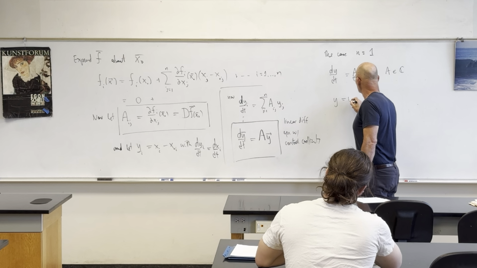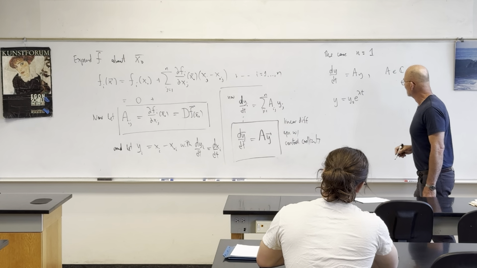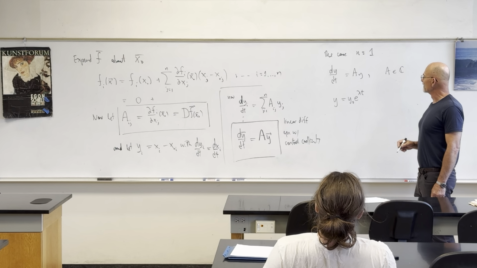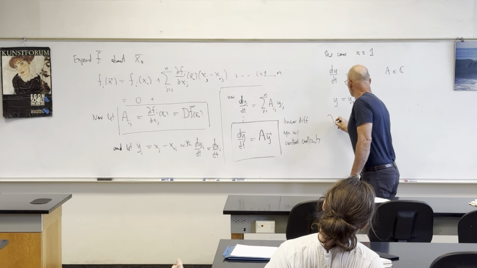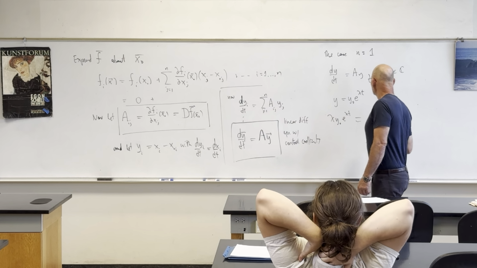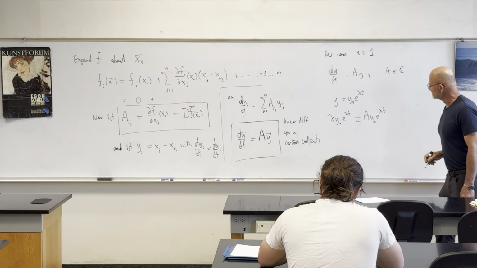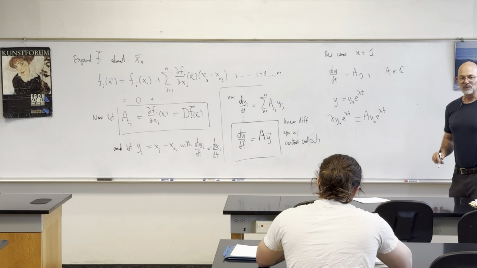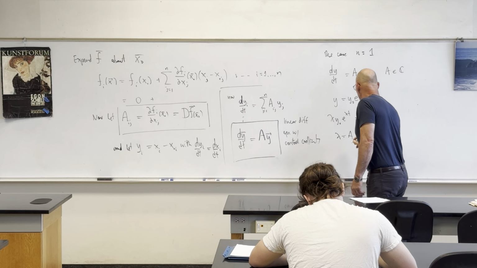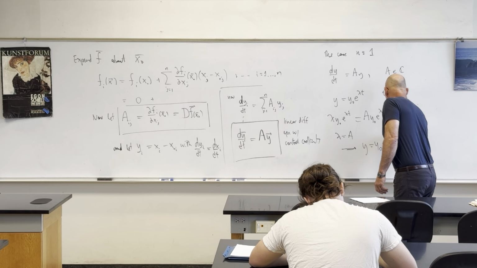y equals y sub 0 e to the lambda t. Is that our ansatz? Lambda y0 e to the lambda t equals a y0 e to the lambda t. Lambda equals a. Therefore, y equals y0 e to the a times t.